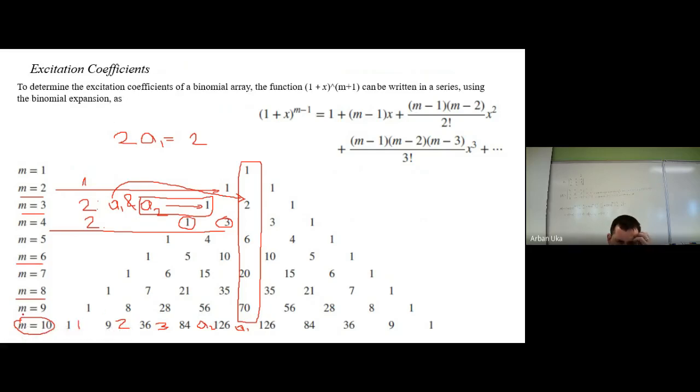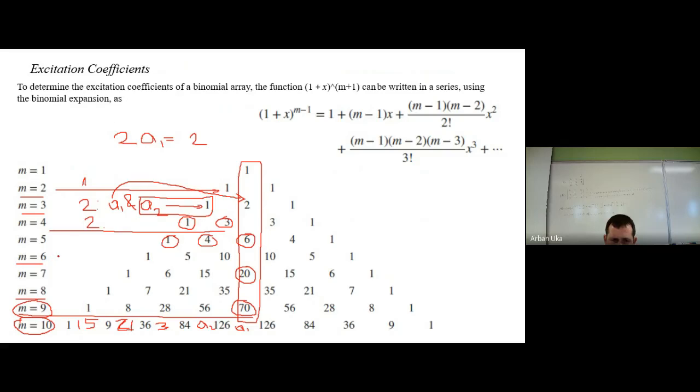Similarly, when n is equal to 9, this is A1, A2, A3, this should be A4, and this is A5. But the issue is, whenever we have odd numbers, A1 will always be half of this. So A1 is 35, here A1 is 10, here A1 is 3. If A1 is 3, A2 is 4, A3 is 1, and similarly.